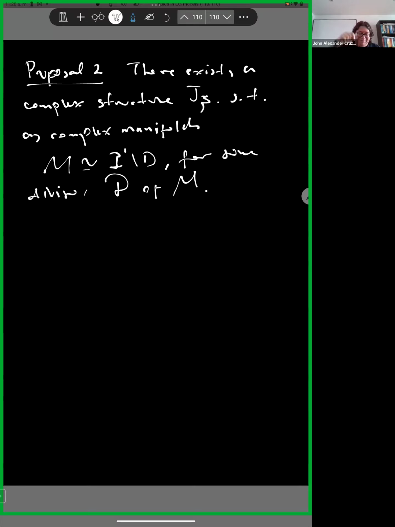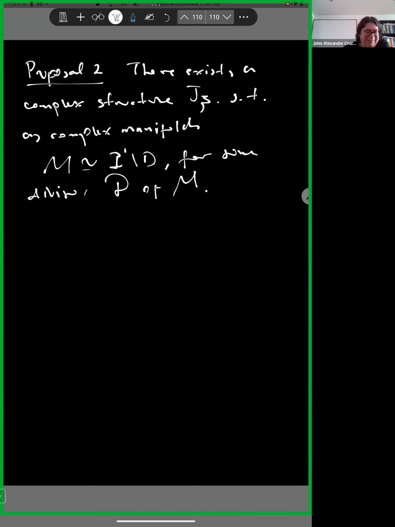You say that you have the mirror of the thing for J0. That's what I want to say in this proposal. So that in the family you should find somehow the mirror of the J0, right?